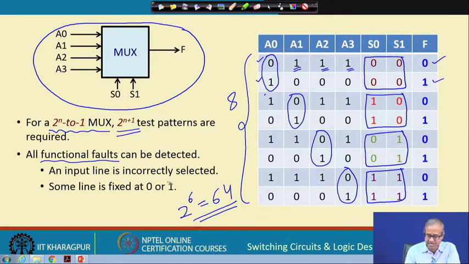That some input line is incorrectly selected, as I had said, or some of the lines are permanently fixed at 0 or 1. So, whatever you are applying from outside, instead of that value, it is always at 0 or always at 1. Some line may be accidentally short circuited, or it is not connected and will be treated as 0 maybe. Okay? Because of those kinds of failures, these kinds of faults can occur.